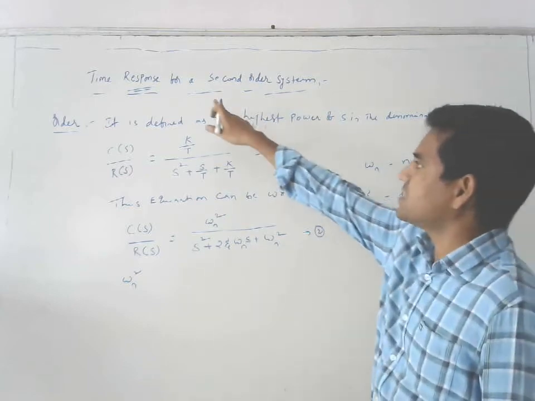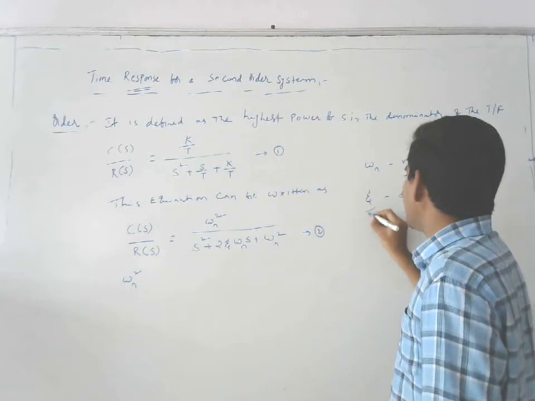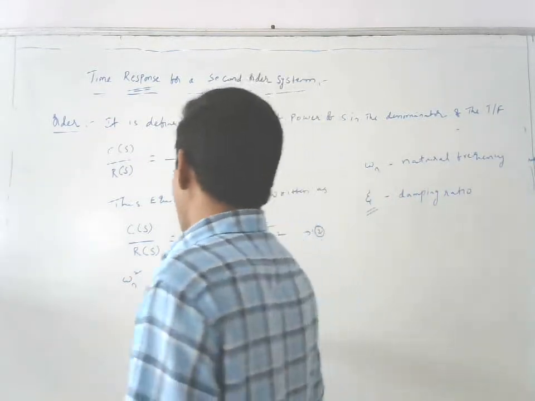The response, that is the output of the second order system, always depends upon the value of zeta. We can discuss that in this lecture.